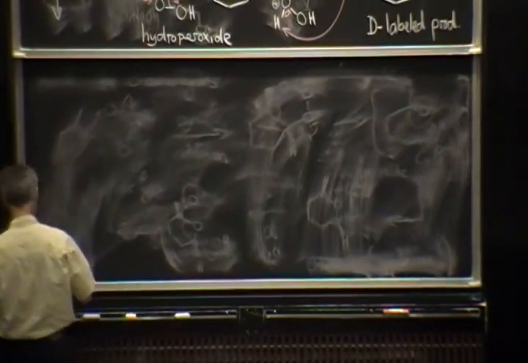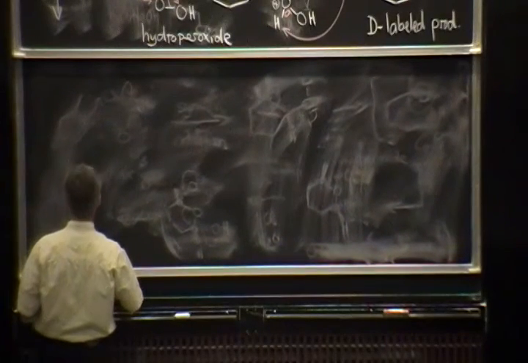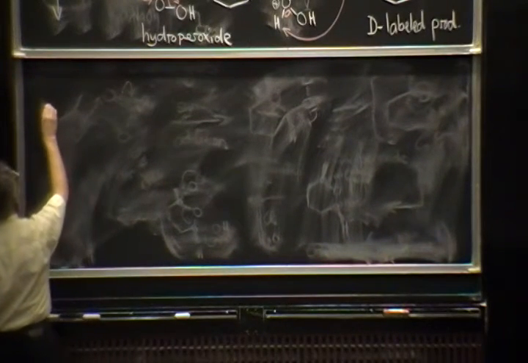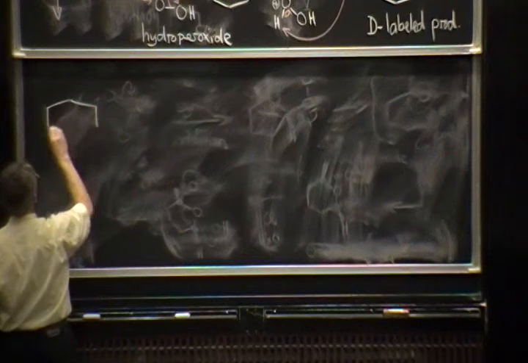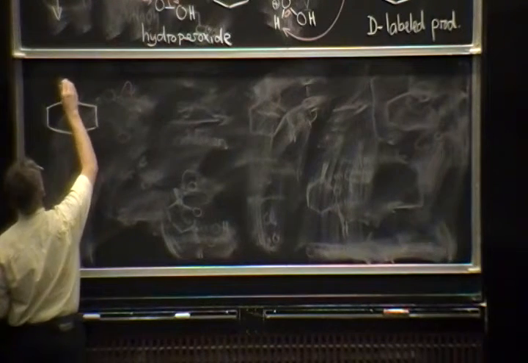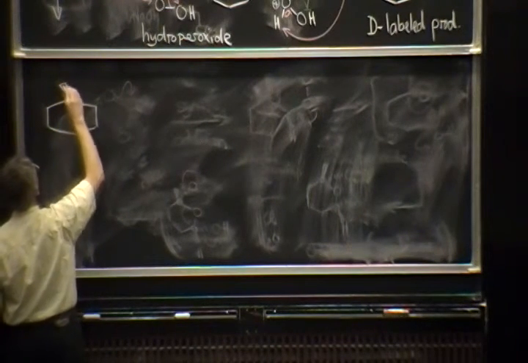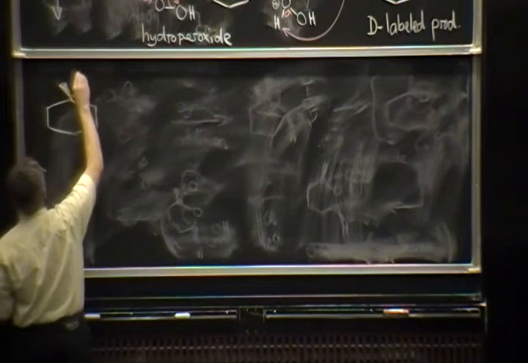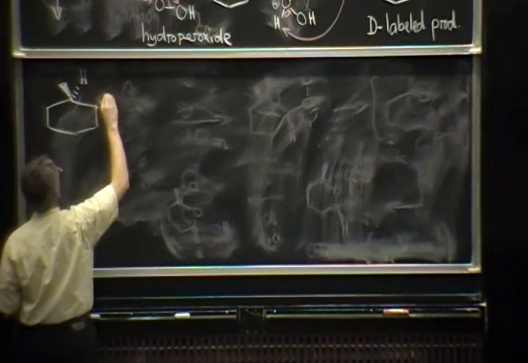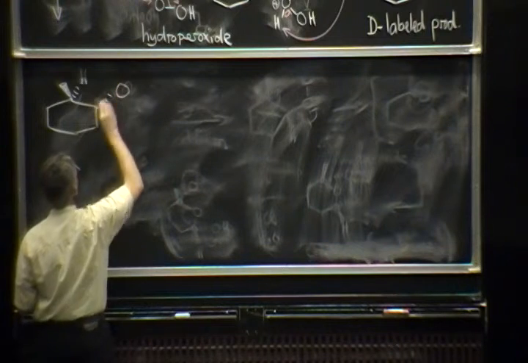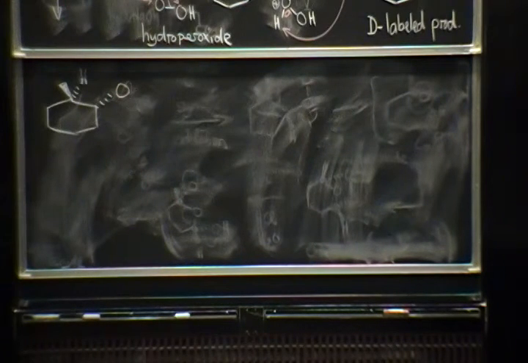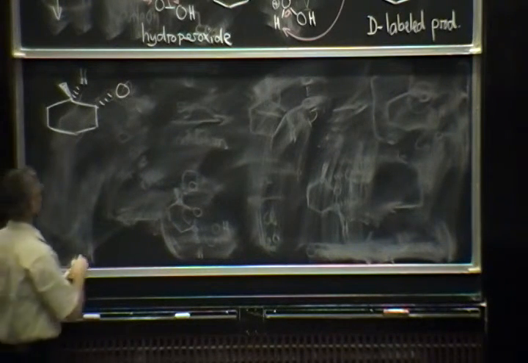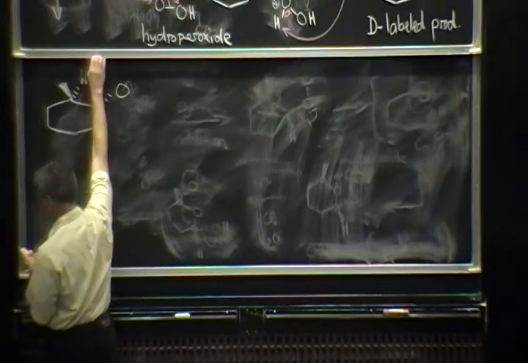So I go down here now to this new intermediate. I now have an oxygen bond to our carbon, and this goes by a retention of configuration. You can see the configuration is the same.